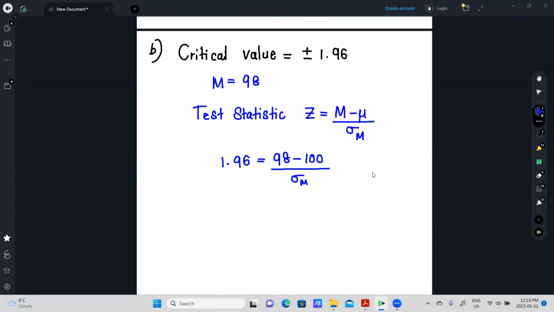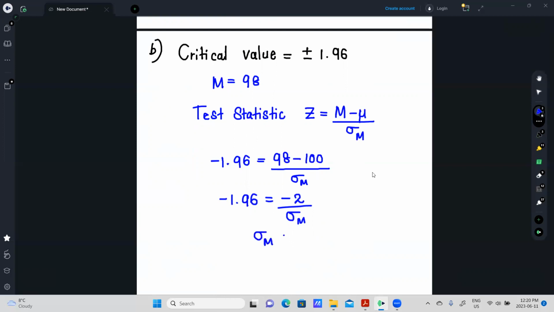So I'll keep it like this: 1.96 is equal to negative 2 divided by sigma M. Normally sigma is a standard deviation that has to be a positive value. That's why I made this a negative value. So we are considering this negative 1.96.